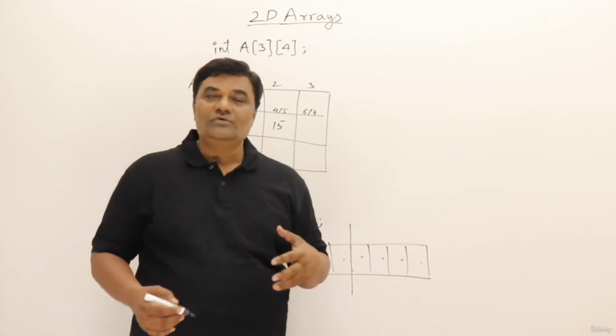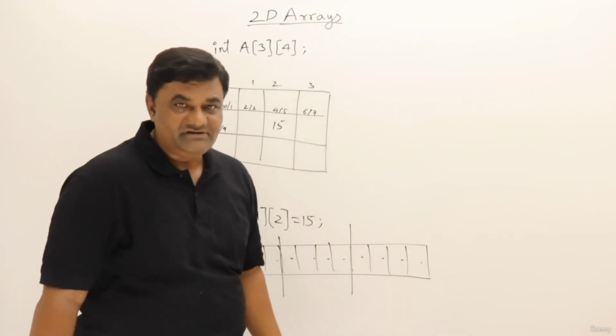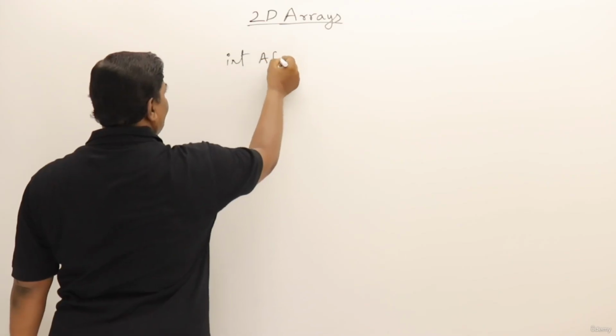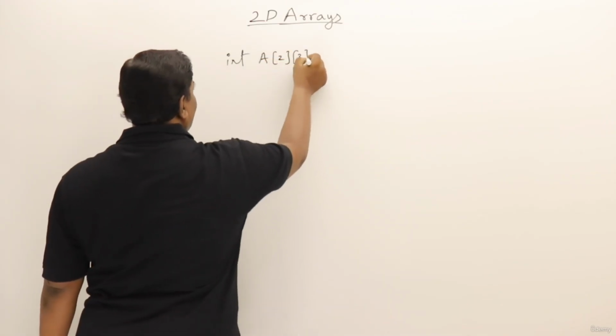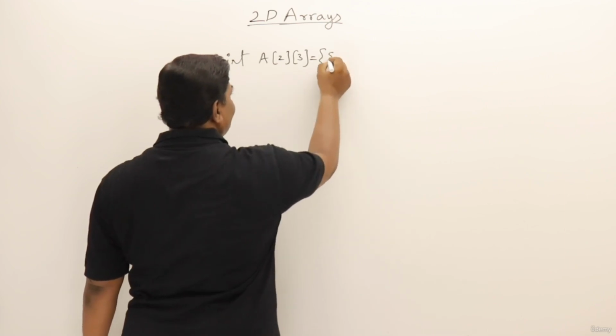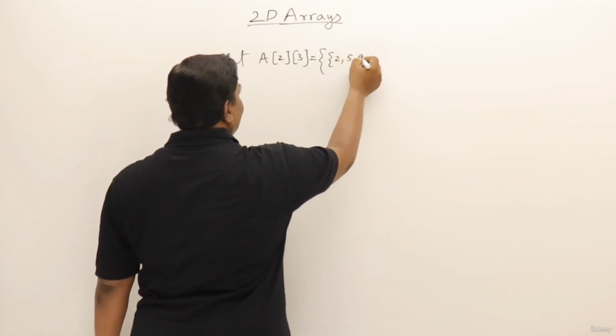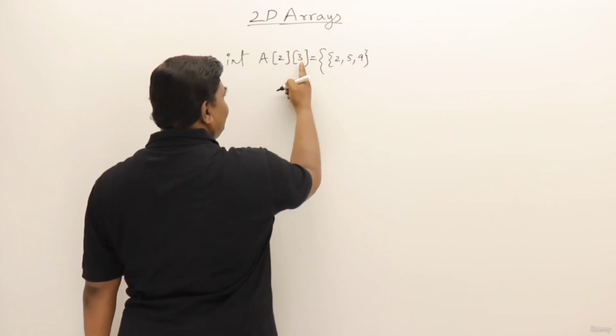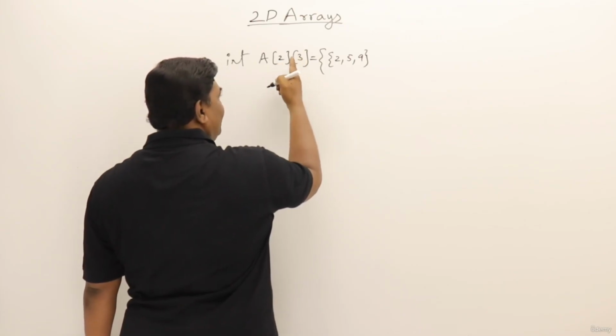Now next let us see how to create and initialize a two-dimensional array. Suppose I want to declare an array of size 2 rows, 3 columns. So this is the declaration, and along with this I can mention the values also. So 2, 5, 9, this is the first row with 3 values. There are 2 rows and 3 columns, so each row can have 3 values.